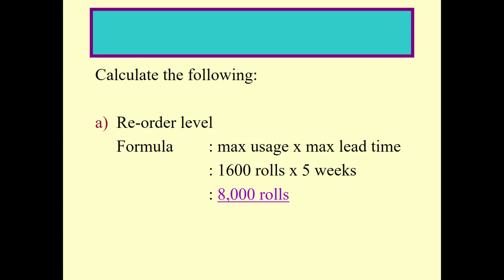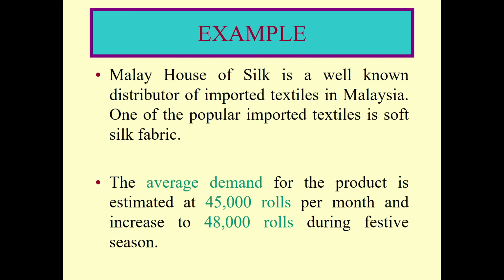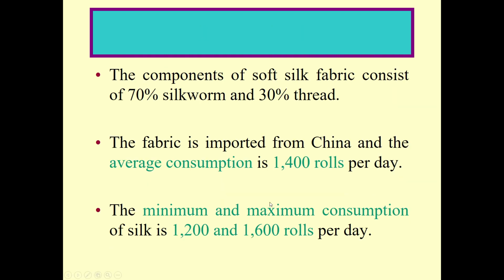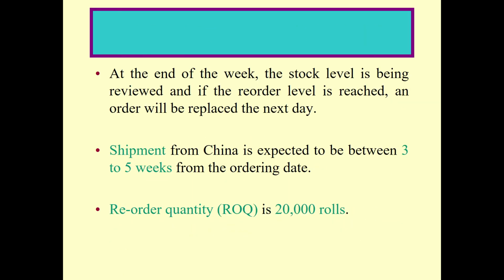Now, first, you need to calculate the reorder level by using the formula of maximum usage times maximum lead time. So, from the information, the maximum consumption of silk is equal to 1,600 rolls per day. And the maximum lead time is equal to 5 weeks.